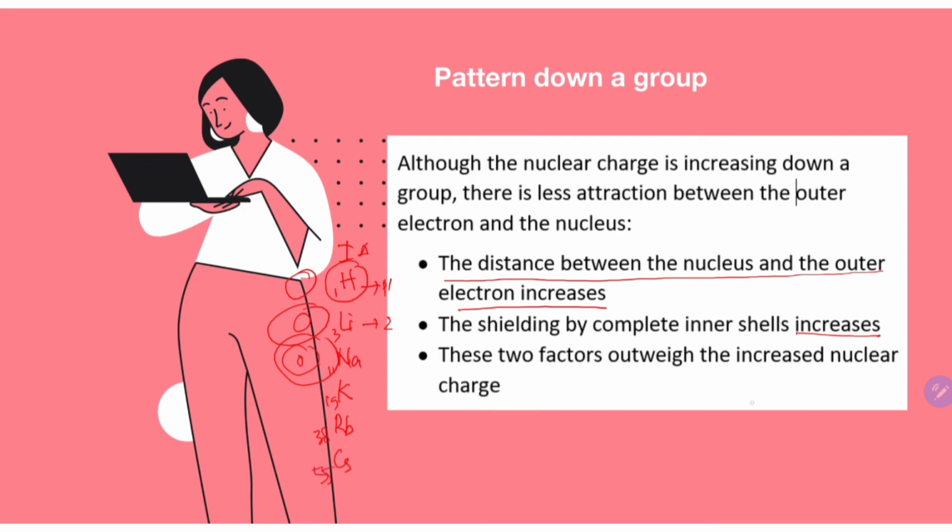If the nuclear charge increases, then there is a stronger attraction force to the outer electron. But this factor is actually outweighed by the distance and the shielding effect.